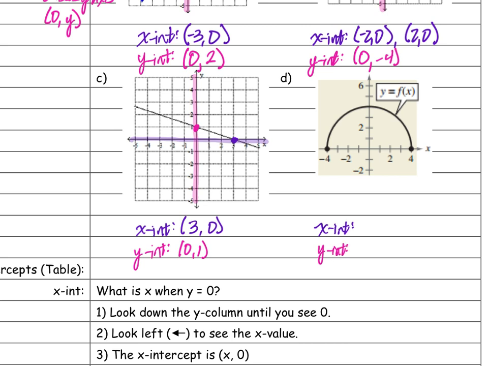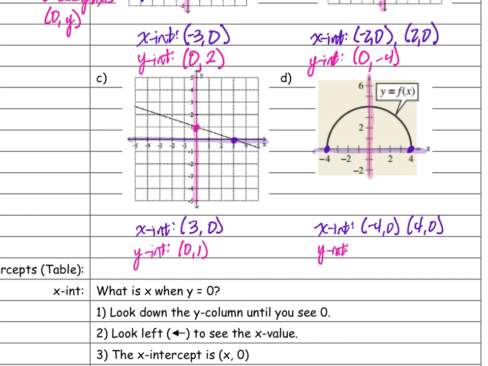So here's my x-intercept. And we've got 2 this time. That's okay. Is that okay? That's totally cool. I've got 1 there and 1 there. So I've got -4, 0 and 4, 0. And then my y-axis is here.